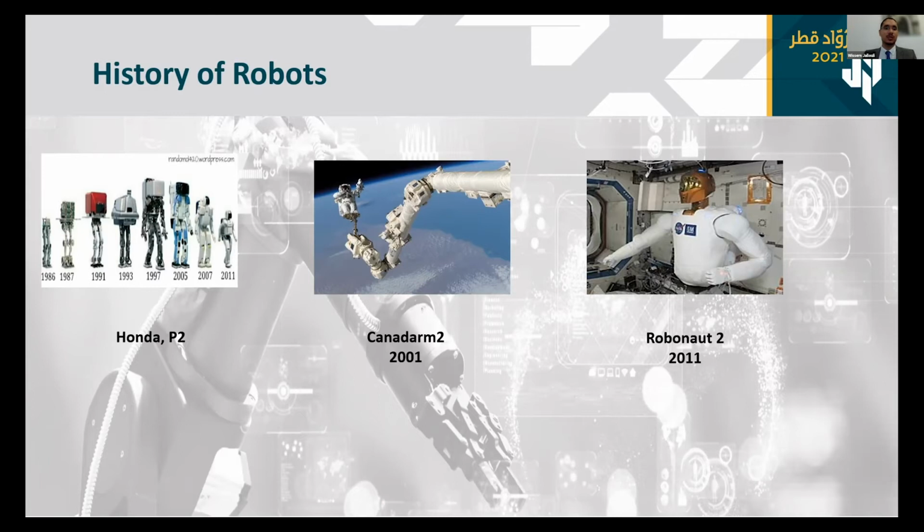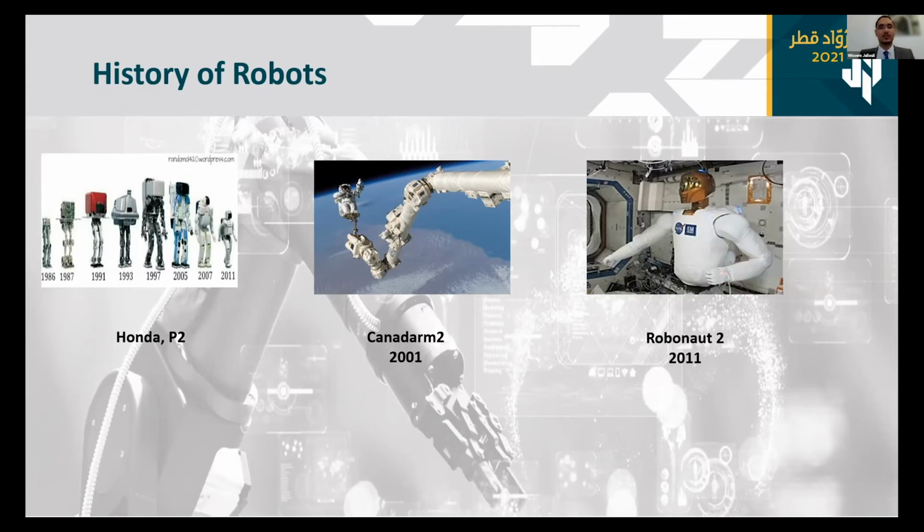Moving now to 2001, where Canadarm was sent to outer space as the first manipulator and the first robot to go out into space. And in 2011, we have the introduction of Robonaut as the first humanoid astronaut helper.